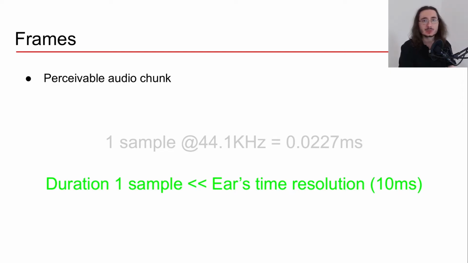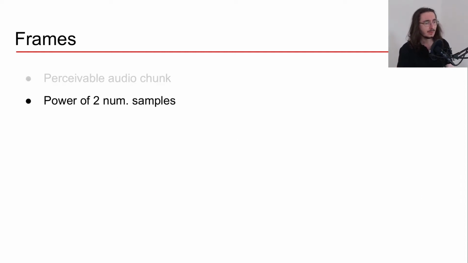So with frames, what we want to do is to have enough duration of an audio signal so that we can appreciate that. And that makes sense from an acoustic perspective because it is what we can hear, and the features that we want to extract are somehow related to what we can experience as human beings.